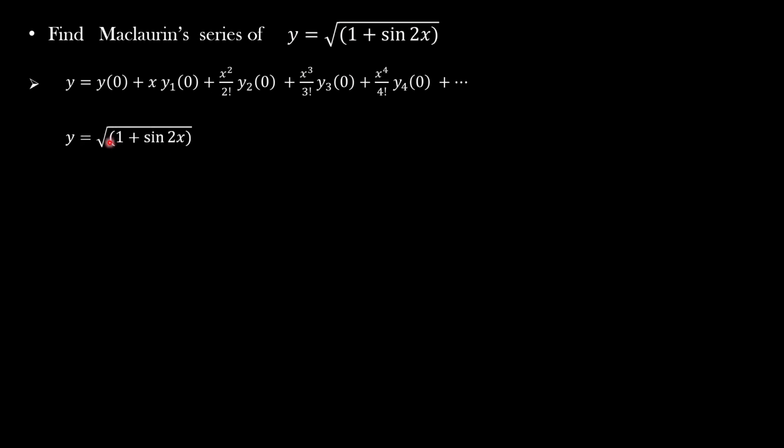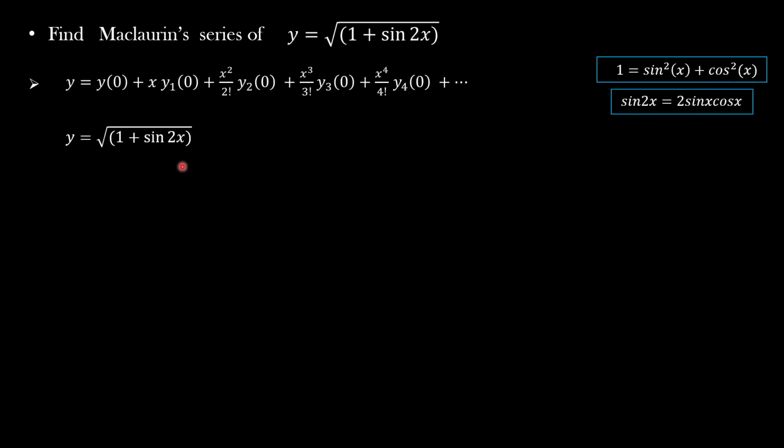Since y is equal to root of 1 plus sine 2x, I can write 1 as sine square x plus cos square x and sine 2x as 2 sine x into cos x. So root of 1 plus sine 2x becomes sine square x plus cos square x plus 2 into sine x into cos x, which is of the form a plus b whole square.